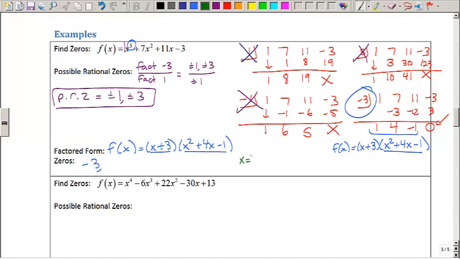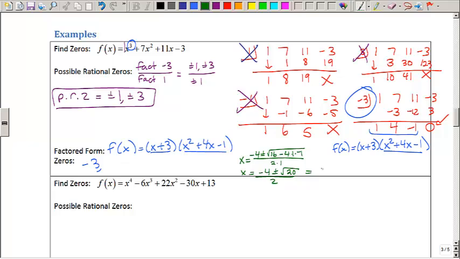So I do x equals negative b, which is negative 4, plus or minus the square root of b squared, 4 squared is 16, minus 4 times 1 times negative 1, all over 2 times 1. 16 plus 4 is 20.